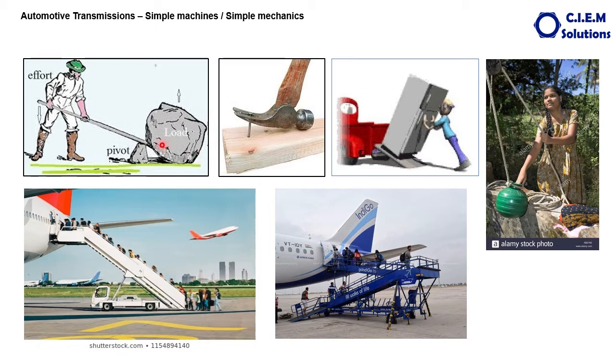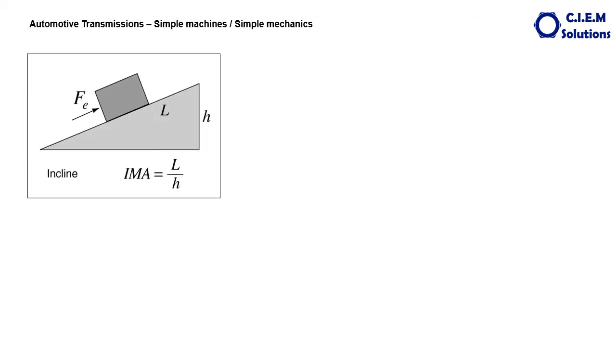Here also, if we apply the effort with the help of a lever, and this lever has further more length, the requirement of energy will be further less. These are called simple mechanics. Basically there are 6 types of simple machines in our regular life.